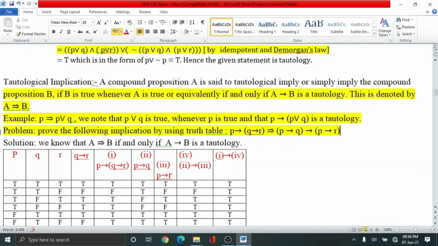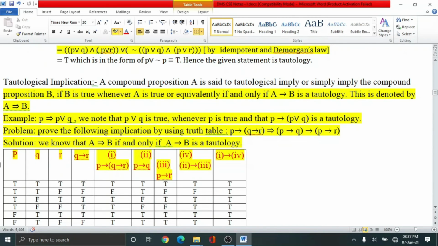Prove the following implication with the help of truth tables that P implies Q implies R is tautologically implied to P implies Q implies P implies R. And here we know the rule that tautological implication of A and B if and only if A implies B is a tautology.